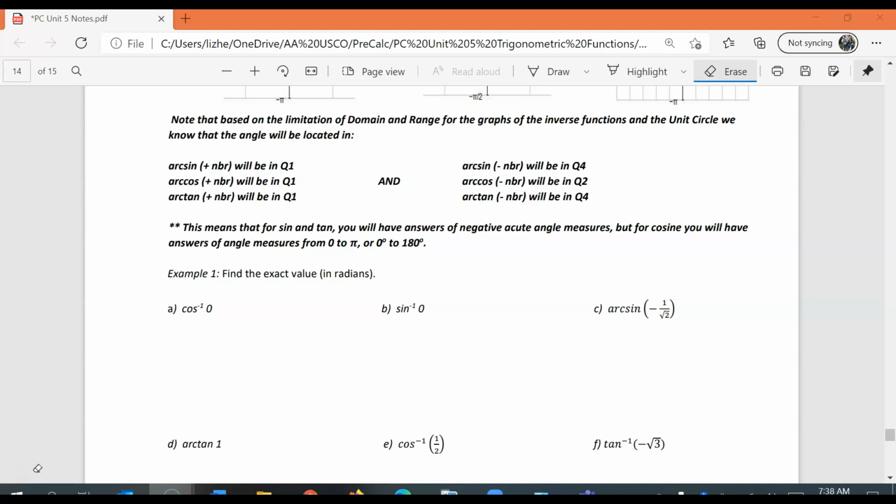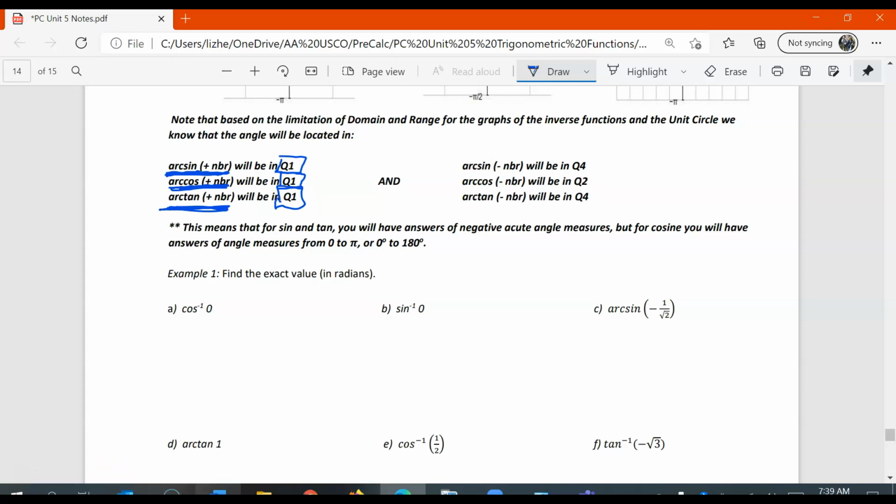So what I'm trying to say is if you are trying to find the inverse sine of a positive number, your answer is going to be in quadrant 1. And if you are going to find the inverse cosine of a number, your answer will be in quadrant 1. And the inverse tan of a number, it will be in quadrant 1.